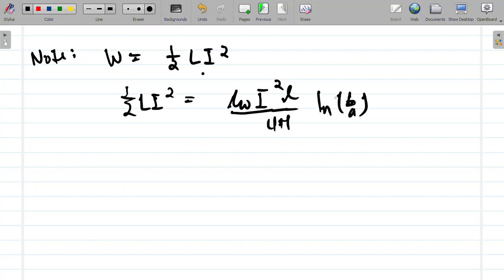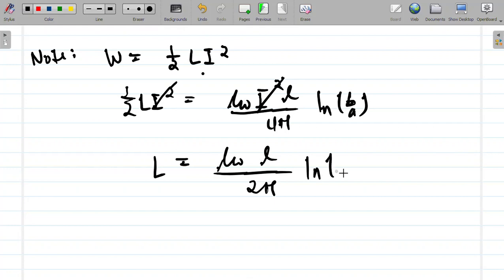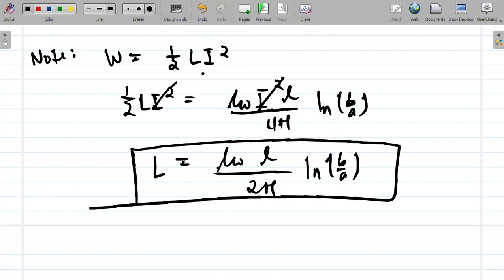So, the inductance is L equals mu naught L over 2 pi ln of b over a. Our inductance is a purely geometric quantity; it is not dependent on current or charges. Okay, class, so that is it for inductance.